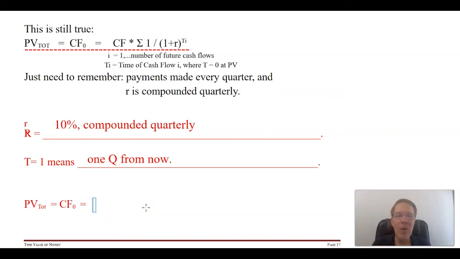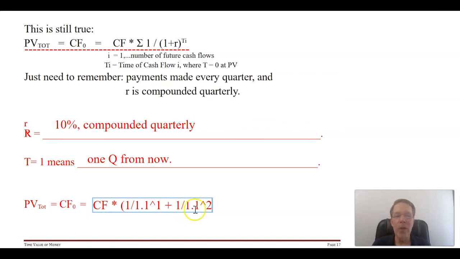Now let's write out what we've got for Mr. Small Net Worth. I'm just going to take this equation and apply it to this problem. So this is going to be equal to CF times 1 over 1.1 to the what? The first payment is in 1 quarter, so that's going to be to the 1, to keep our units consistent, plus 1 over 1.1 for the second payment, 2 quarters out.